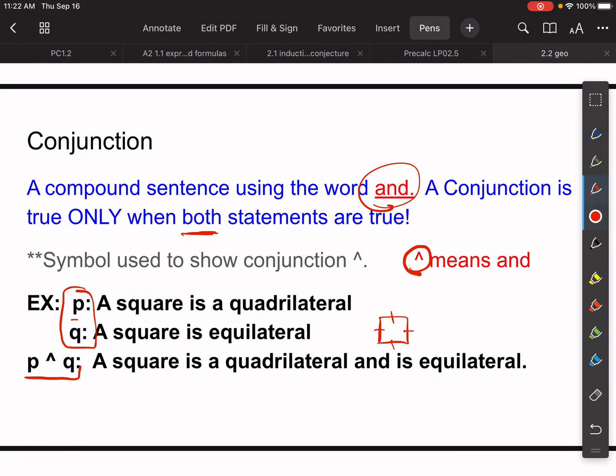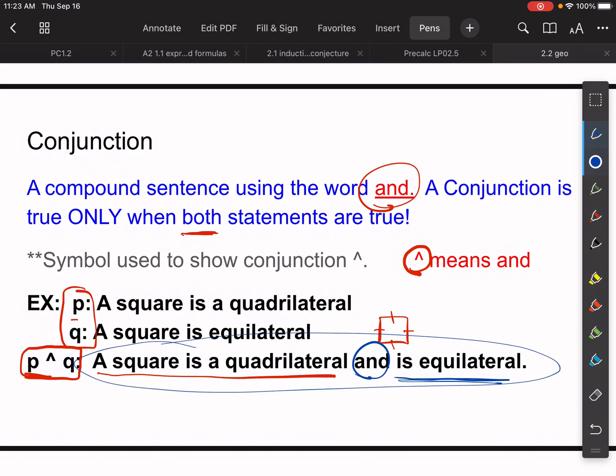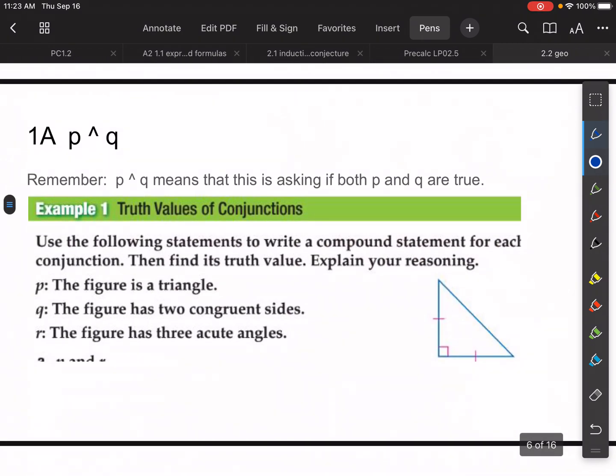If they ask you to write a statement P and Q, you write the P statement, then you write the word and, then you write the Q statement. If the whole thing is true, we would say it's true. If half of it is true, we would say it's false. If any part of it is false, it's false. So that's a conjunction.